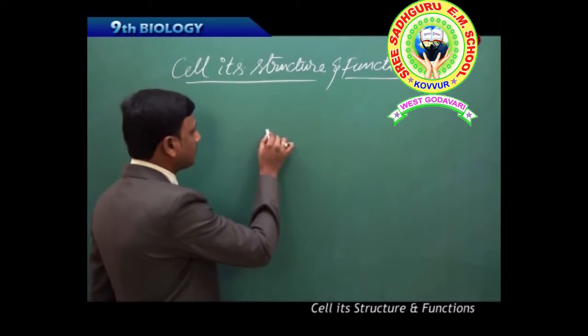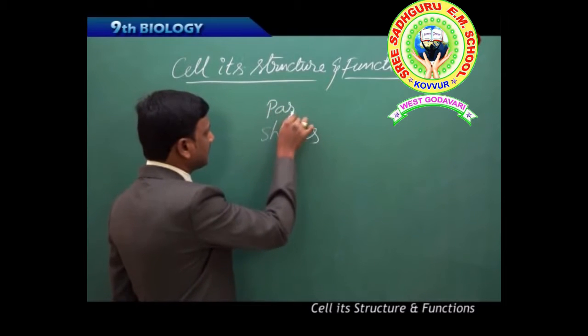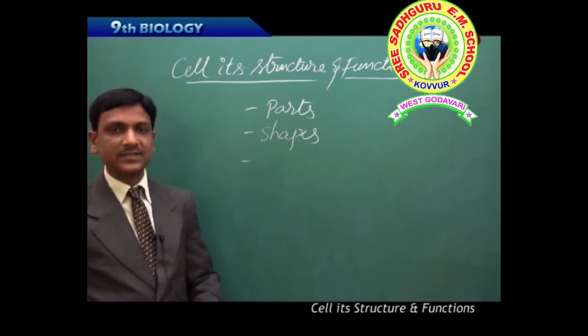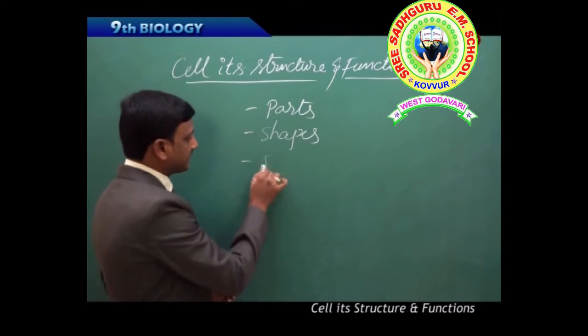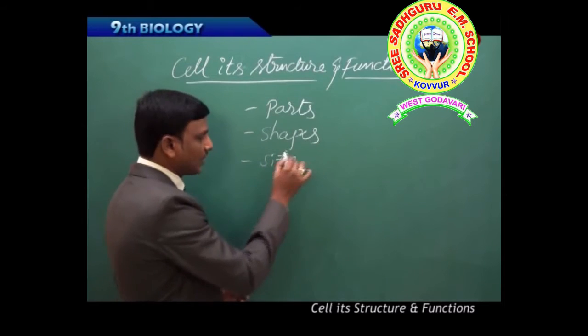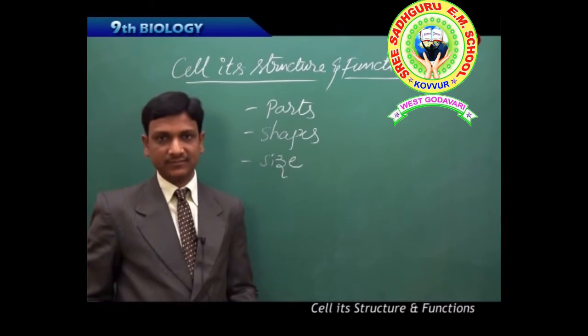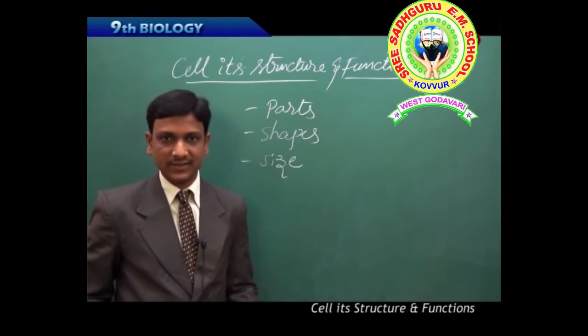So you learned about the shapes of the cell, the parts of the cell, and also the sizes of the cell. We know that cells are very small, microscopic. That means we can see cells only under a microscope.